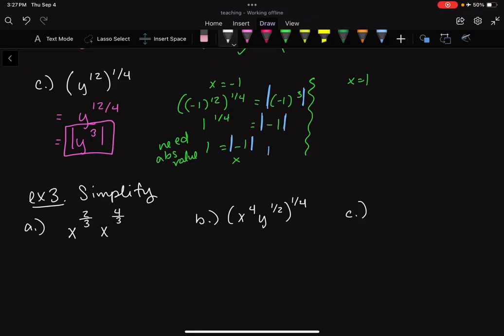And then part C, we'll go ahead and do a to the 3/2, b to the 2/3, all over a squared. And then this is all cubed.